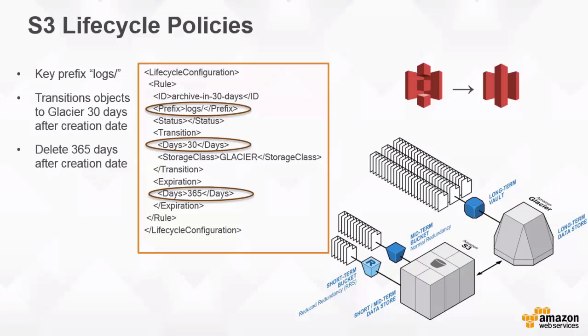This lifecycle policy will transition objects from S3 to Glacier 30 days after they were initially uploaded to S3. And not only can you manage moving from S3 to Glacier, you can also delete objects based on an expiration policy. In this case, we're deleting objects 365 days, or 1 year, after they were initially uploaded to S3.